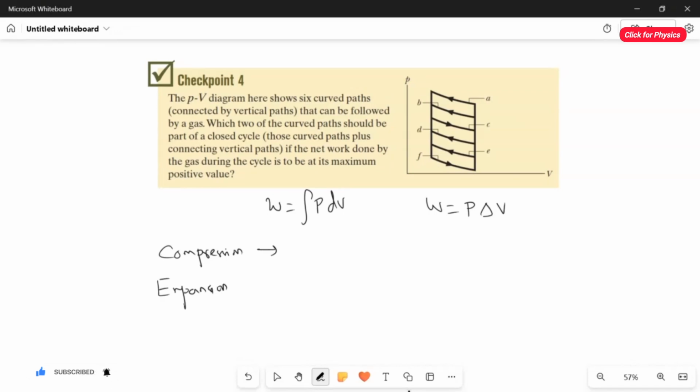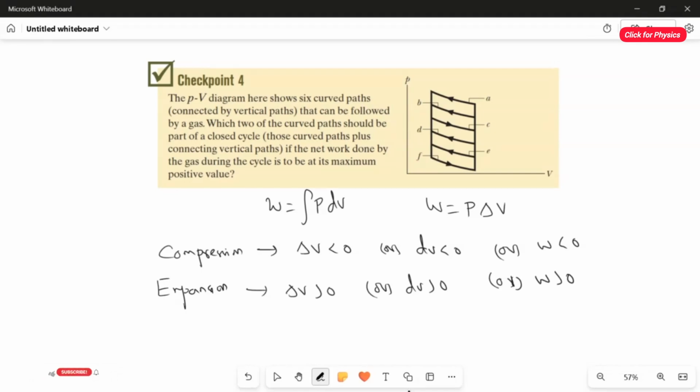Compression means your delta V is less than 0, or dV is less than 0, so your work done is less than 0. That means the work done is negative. If you have the expansion part, your delta V is greater than 0, or dV is greater than 0, so your work done will be greater than 0. Clear?